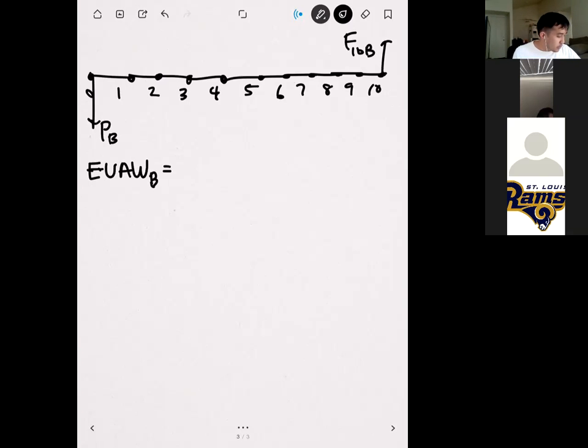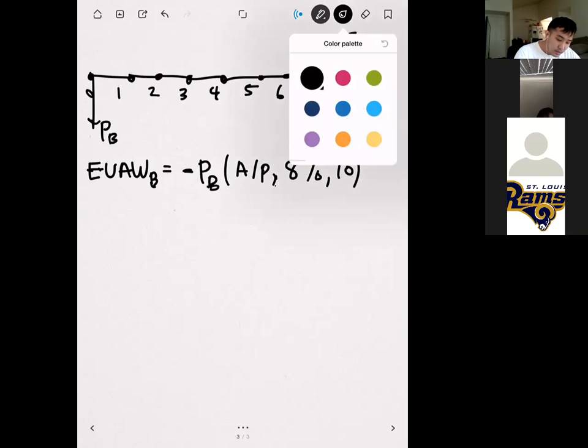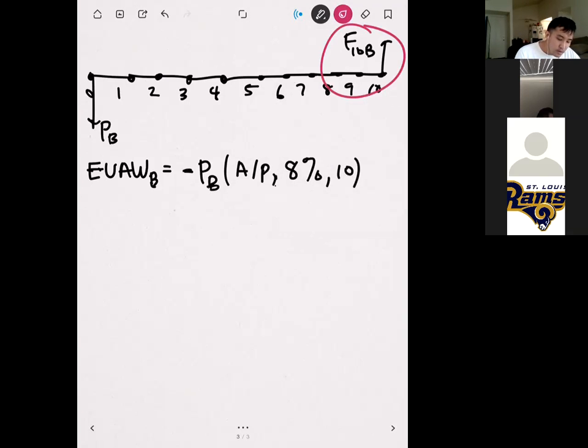All right. And so to compute the EUAW, we're going to convert all of these into a uniform series. So we have a minus PB, A over P, 8%, 10 years. And then we have our final salvage value here, which happens at the very end, so we don't need to do anything for it.